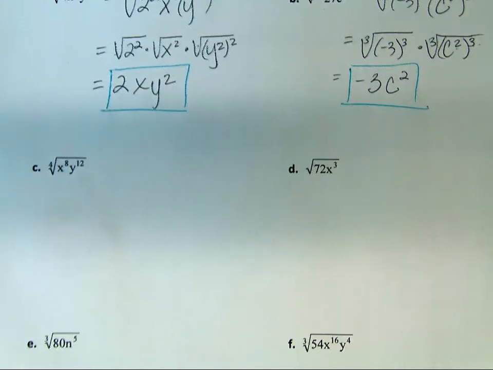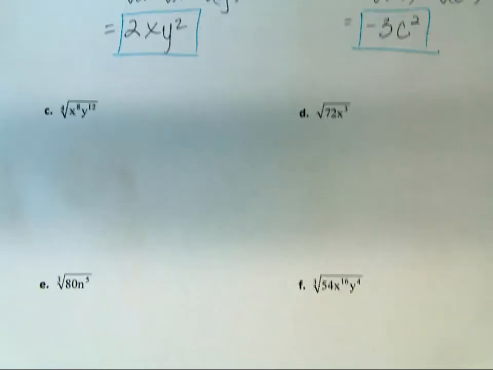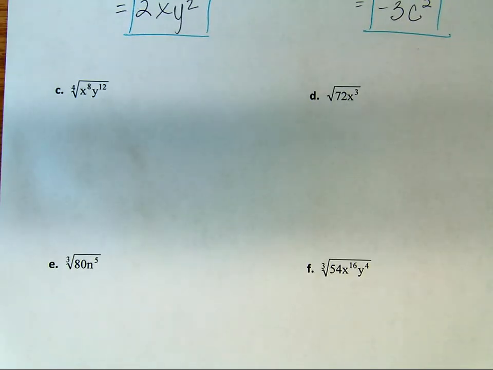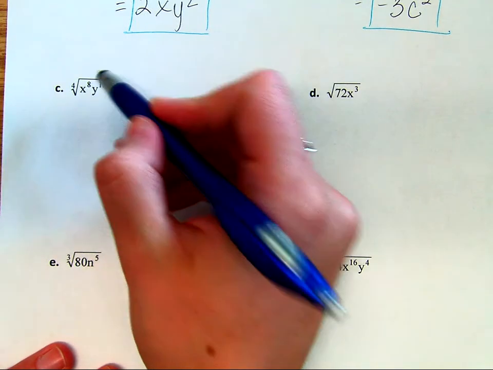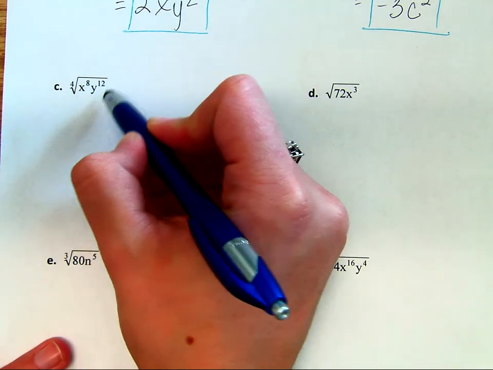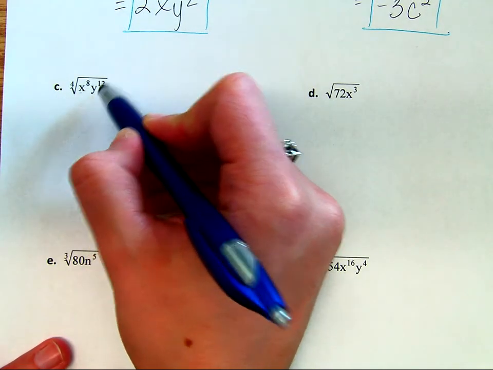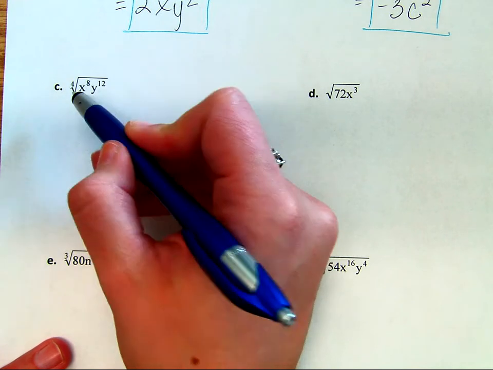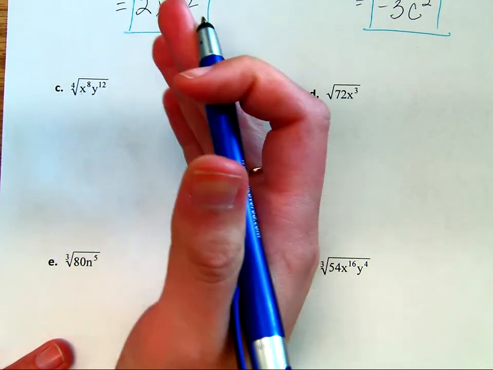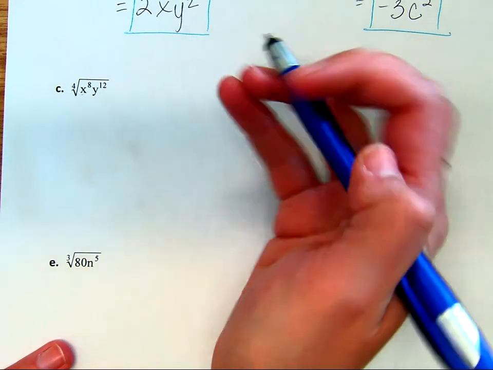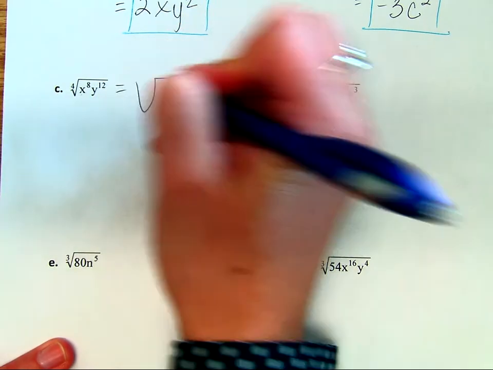Moving on, I have a 4th root. I've got the 4th root of x to the 8th times y to the 12th. Again, I know that with a power to a power, I multiply the exponents. I want to rewrite both of these factors as something to the 4th power so that my 4th root of something to the 4th power, those cancel each other out. I'm going to rewrite x to the 8th.